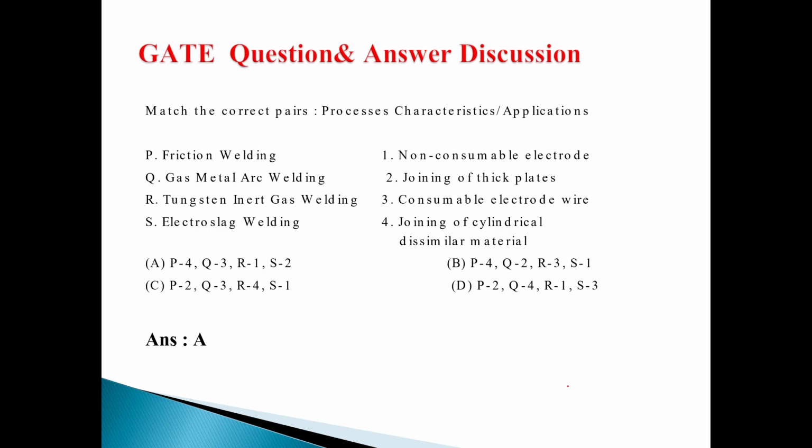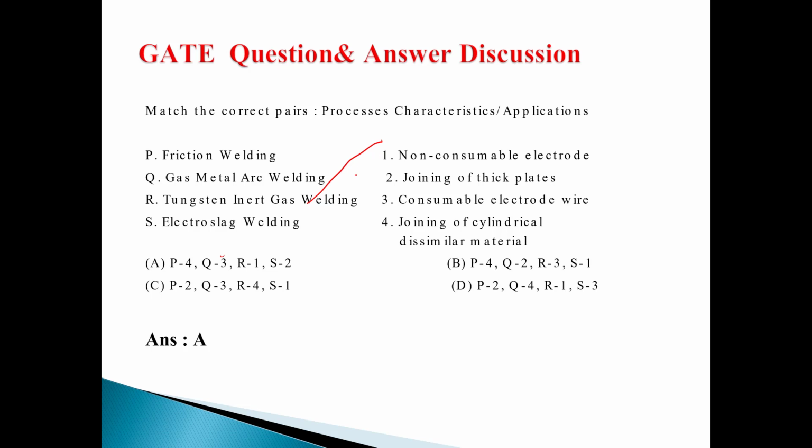Question: match the correct pair. Friction welding, gas metal arc welding, tungsten inert gas welding, electroslag welding. And on the other side: non-consumable electrode, joining of thick plates, consumable electrode wire, joining of cylindrical dissimilar metal. Previously we saw that tungsten inert gas welding is used with a non-consumable electrode.